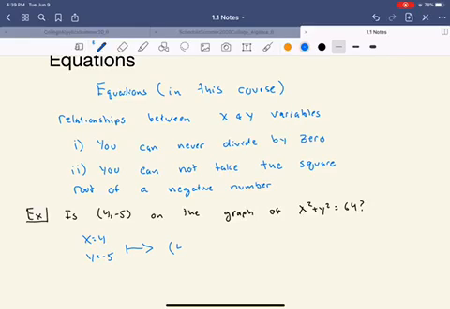So 4 squared plus negative 5 squared equals 16 plus 25, which is 41, which is not equal to 64.